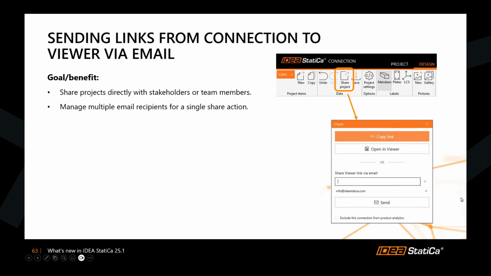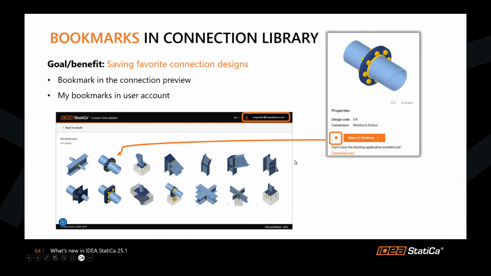And when they send it, and they use the connection library online, which is linked to the viewer application, and they find, or you find, the connection template that you would like to save, you can now click on the connection, use this bookmark and save the connection template. You will find it under your account. When you click on it, you will find the bookmarks and all of the saved connection templates.